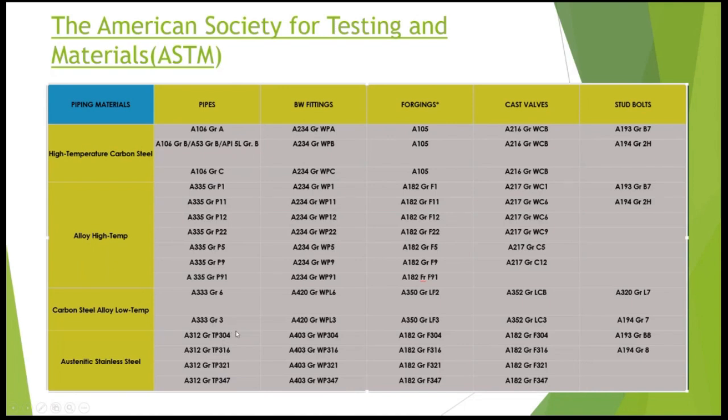Just to give an idea, if we add molybdenum in TP304, it becomes TP316, and TP316 has higher corrosion resistance as compared to TP304. So this is how these materials are distinguished and called by certain names.